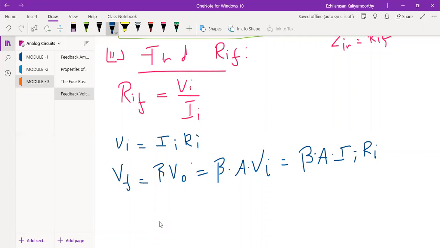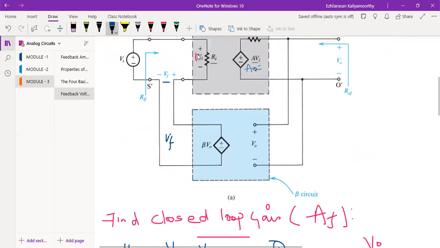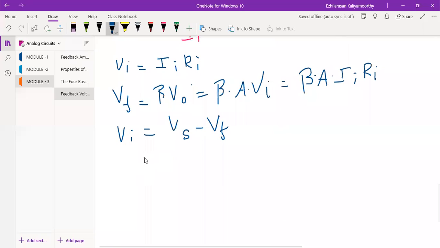Now let me find out Vs. From the input port, Vi is Vs minus Vf. So I can write Vs is equal to Vi plus Vf.